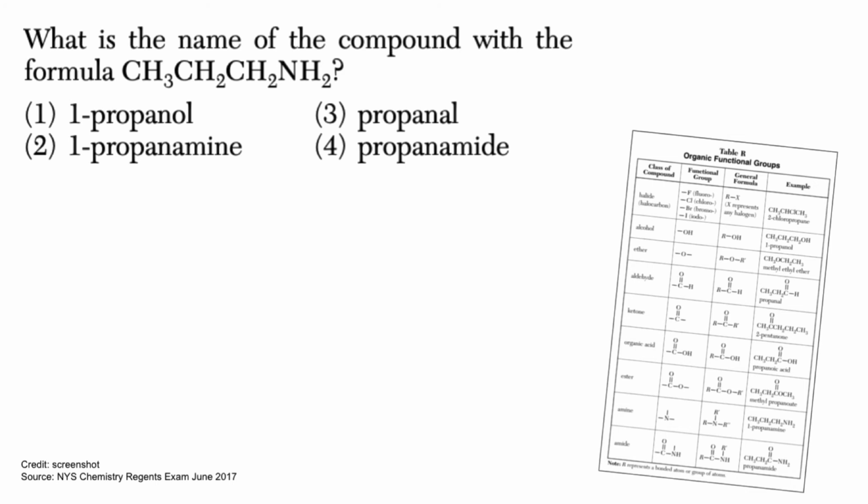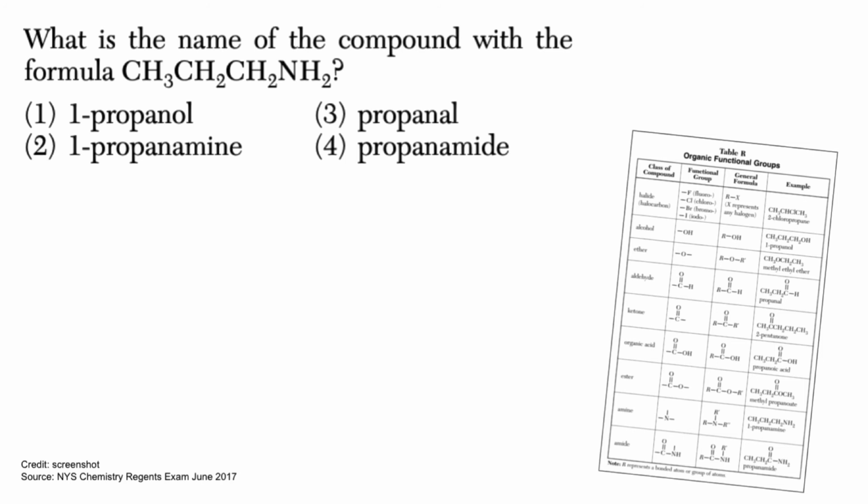This one is a little bit tricky because they're giving me a condensed formula. That means that there are 3 hydrogens around my first carbon, 2 hydrogens around my second carbon, 2 hydrogens around my third carbon, and then a nitrogen coming off of that carbon with 2 hydrogens bonded to that nitrogen.